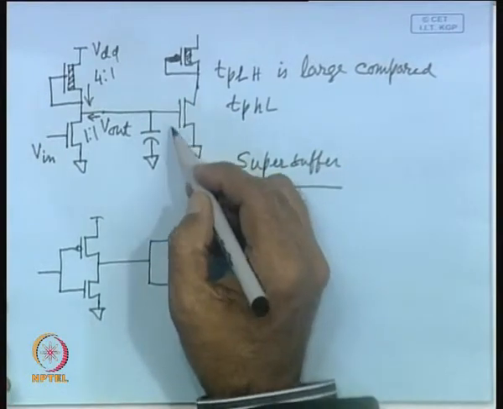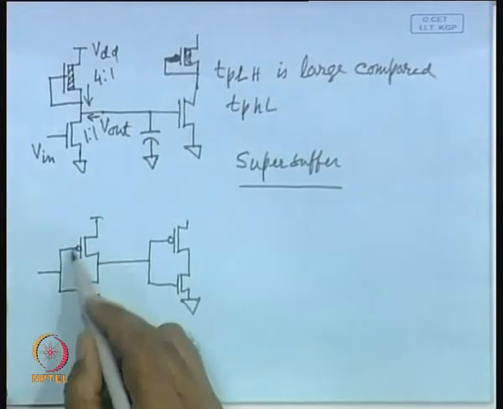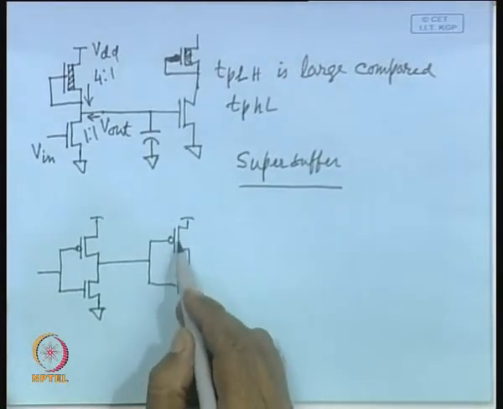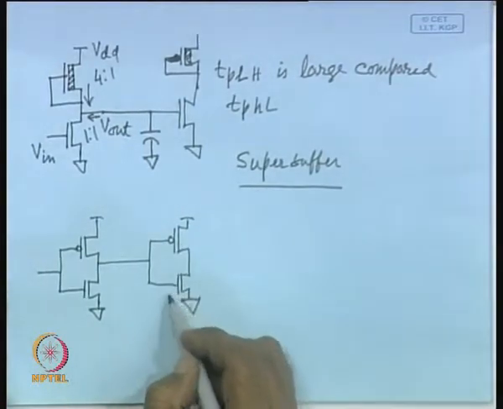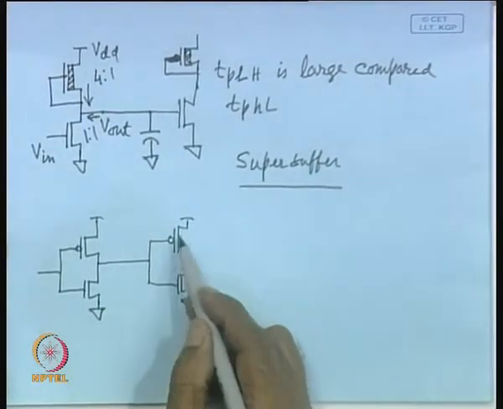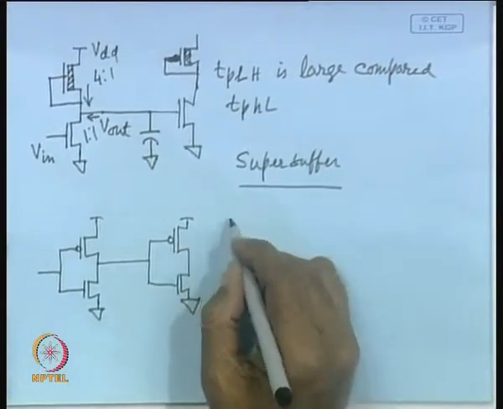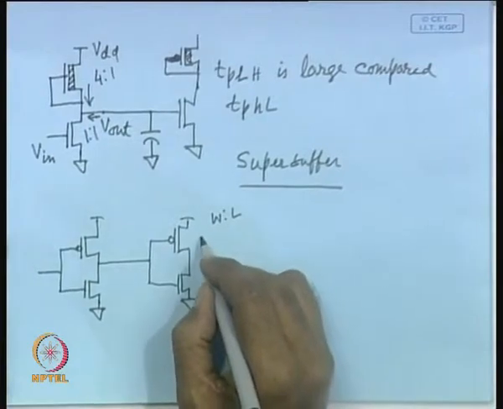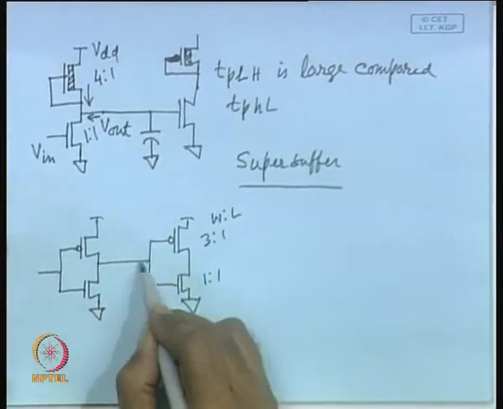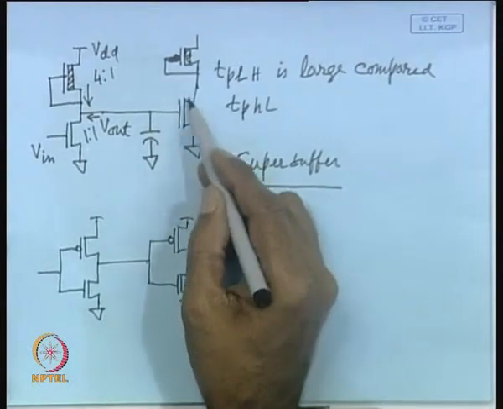As a result, the capacitance of this will be much smaller compared to capacitance that will be faced by a CMOS inverter. So, you can see here it has to drive the PMOS transistor and NMOS transistor. As you know, to have symmetric characteristic, the W by L ratio of this device has to be 3:1 and this will be 1:1. So, that means the capacitance that it will face is 4 times that of a NMOS inverter.